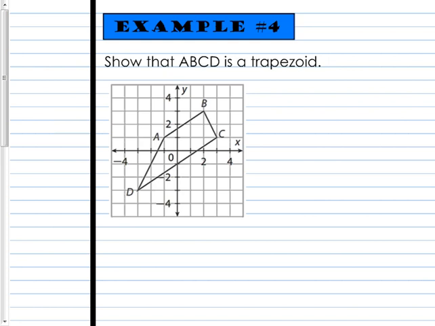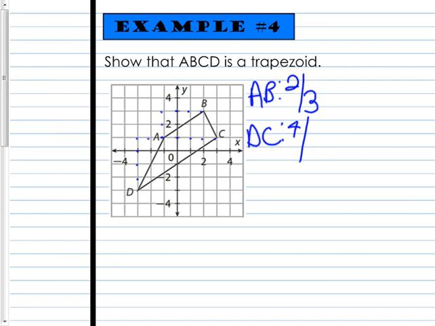So let's find the slope of AB. Slope of AB is, starting here, 1, 2. So rise of 2, 1, 2, 3, and a run of 3. So let's find the slope of DC. Slope of DC is a rise of 1, 2, 3, 4, and a run of 1, 2, 3, 4, 5, 6.